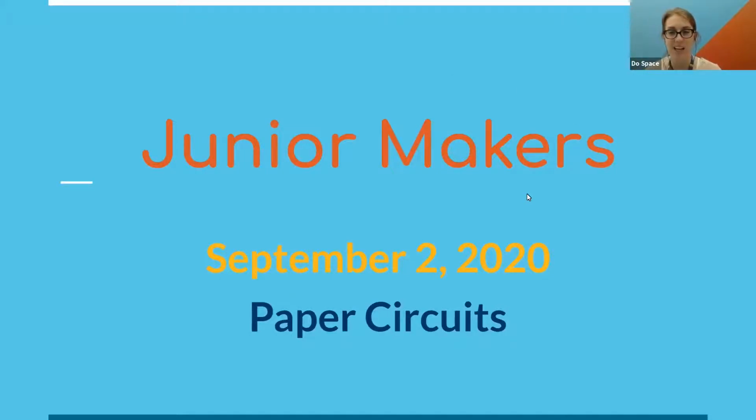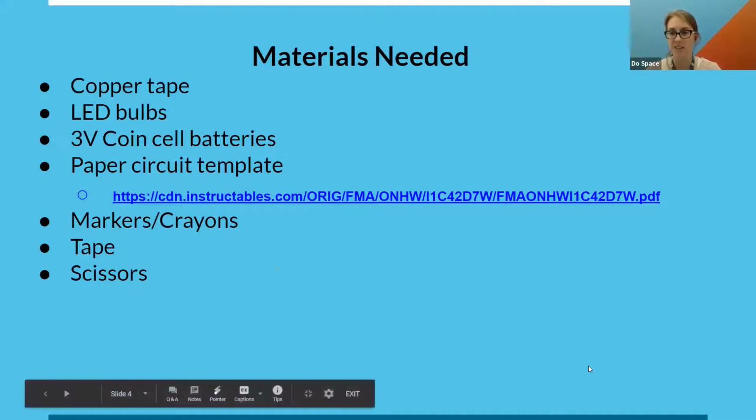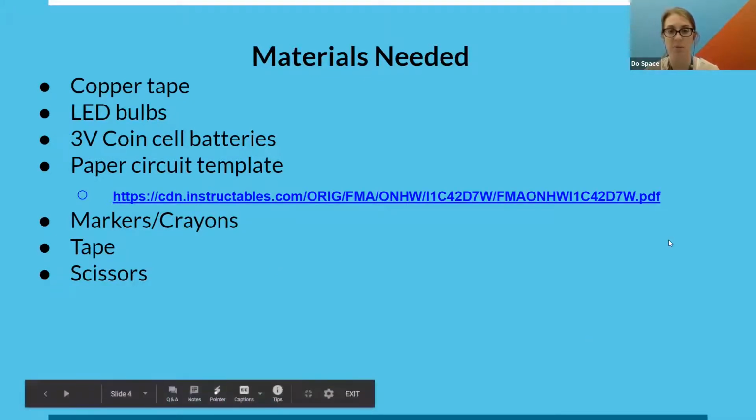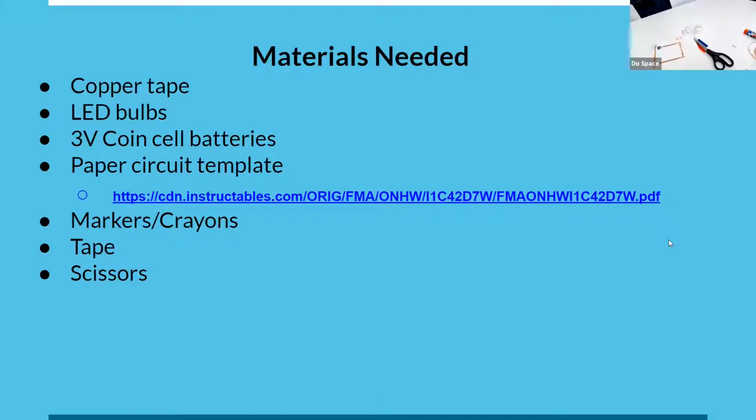Here are some of the things that we're going to be using today. The top three things are the copper tape, the LED light, and our coin cell battery. I'm going to change my camera view back to our materials.